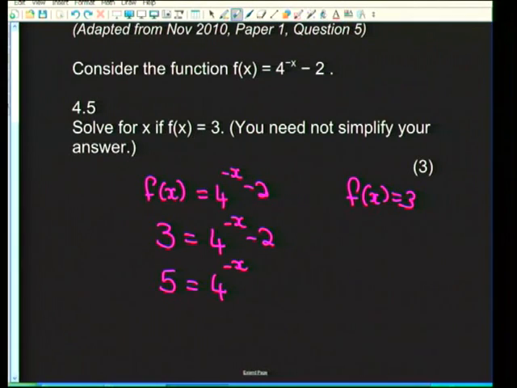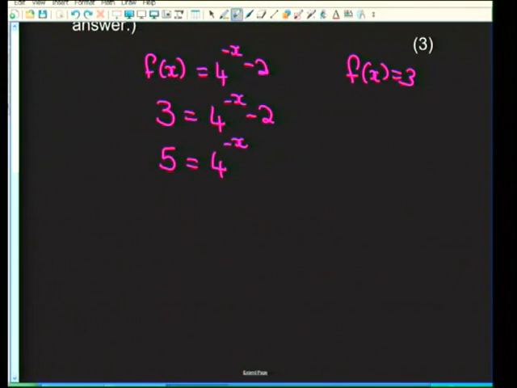Problem, we cannot use exponents here because our bases are not the same, nor can they be the same. In other words, I can't make them both powers of 2 or both powers of 3. There's no way I can do that. So the only option I have is to work with logs. They said I need not simplify it, so that means I can go straight to this.